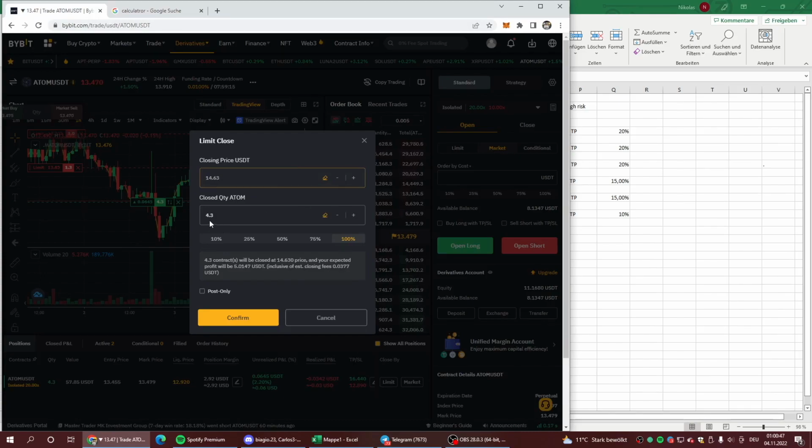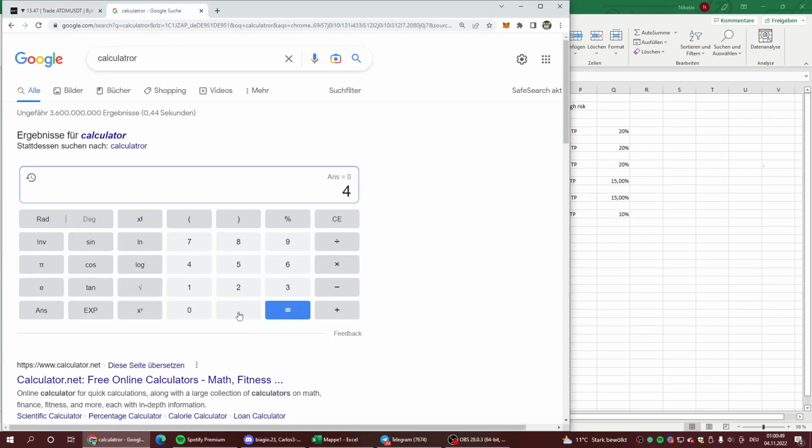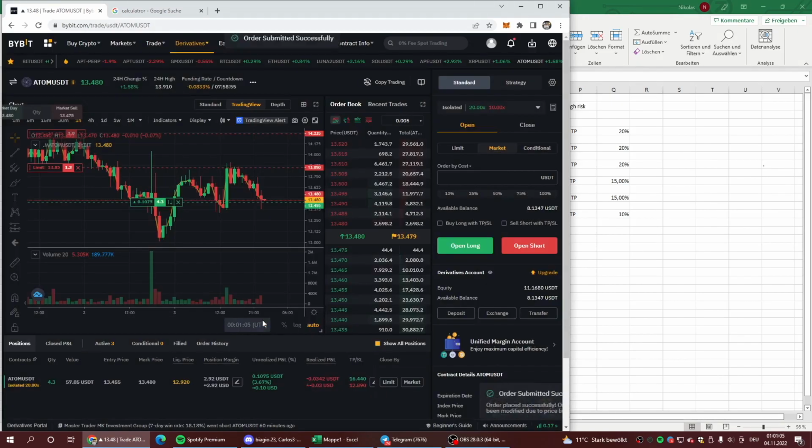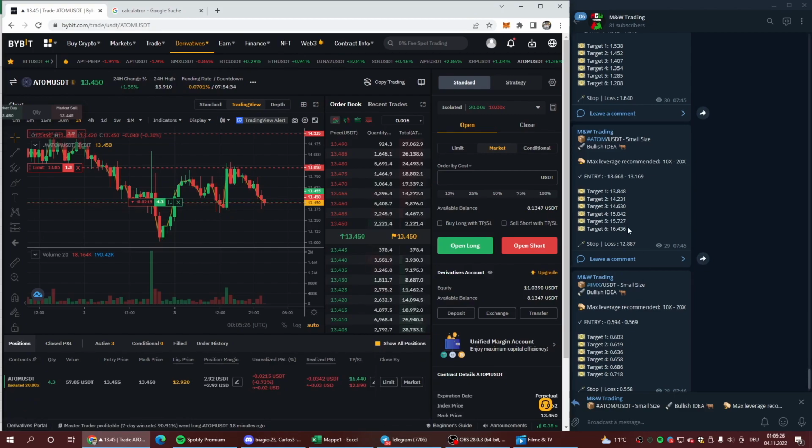The position size is 4.3, so 4.3 times 0.15, 0.645, so 0.645, let's say like that, and confirm. Now we have to do the same with targets 4 and 5 that are remaining, so let's start.